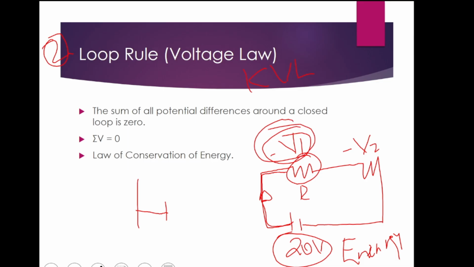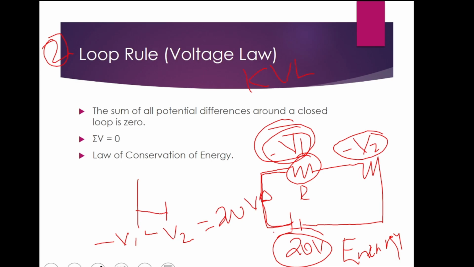Energy loss must happen here. And the total loss of energy, minus V1 minus V2, the total sum of all energy dropped across each component of the circuit, which will dissipate the energy of the circuit, will be equal to the total energy, 20 volts.